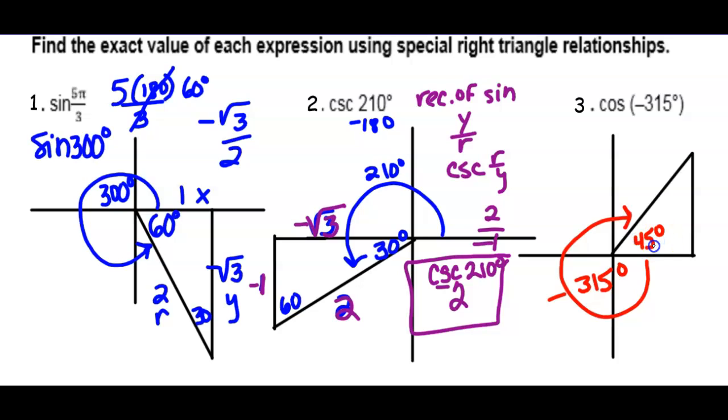Reference angle, should know how to find those, which makes this a 45, 45, 90. So these are the same. And then if you do Pythagorean theorem, this would be square root of 2. Now, cosine is just adjacent over hypotenuse, or x over r, which simplifies to square root of 2 over 2.